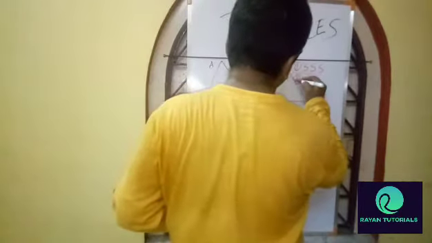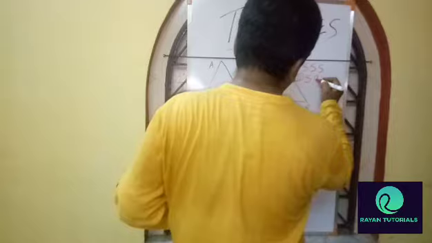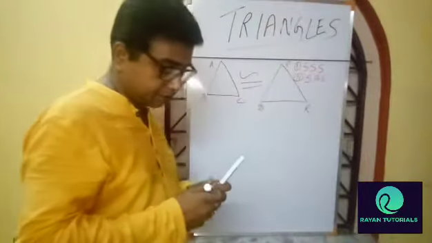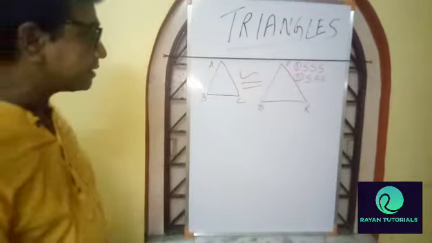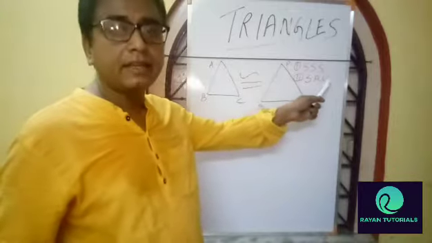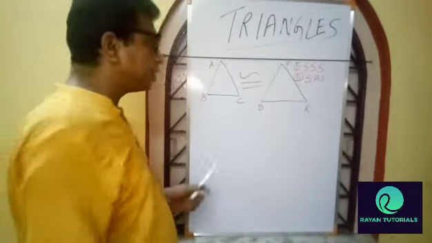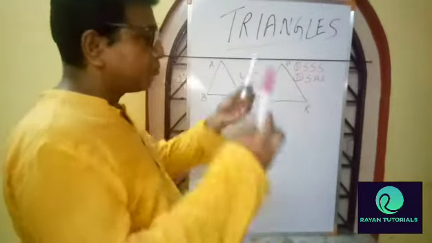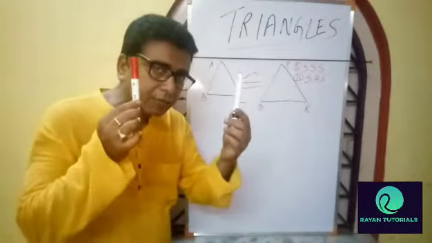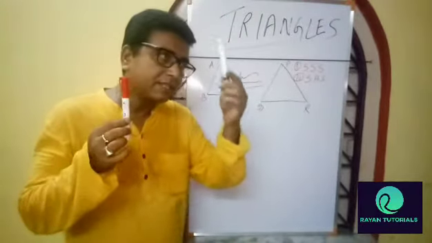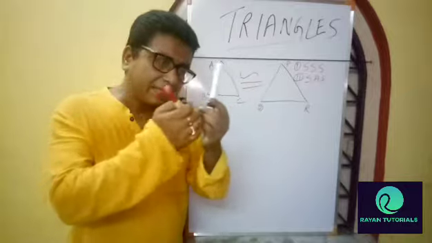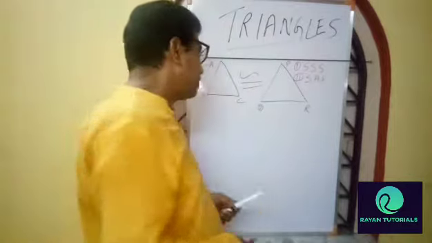Next, SAS. What is SAS? Side, angle, side. Now here let me tell you one thing. You see, the A is in between the two S. That means side, side, and in the middle is the angle.